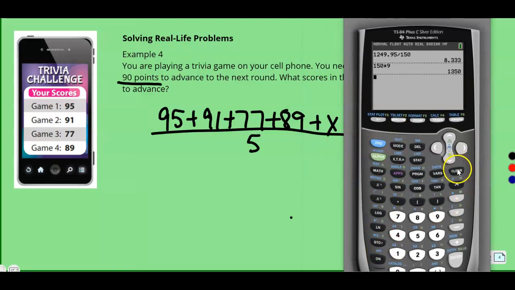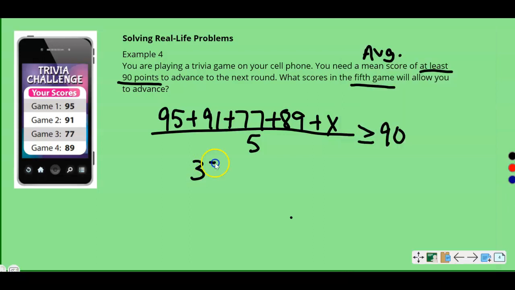All right, so we're going to do 95 plus 91 plus 77 plus 89. So that's the 4 scores that we know. So that's 352. So 352 plus x over 5 greater than or equal to 90.